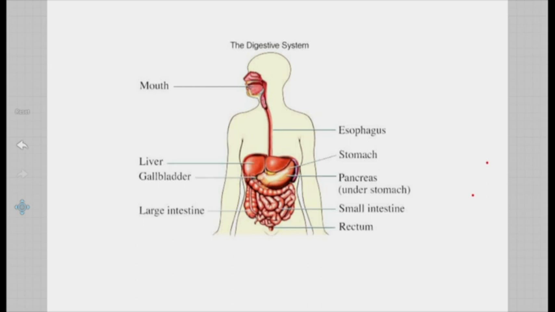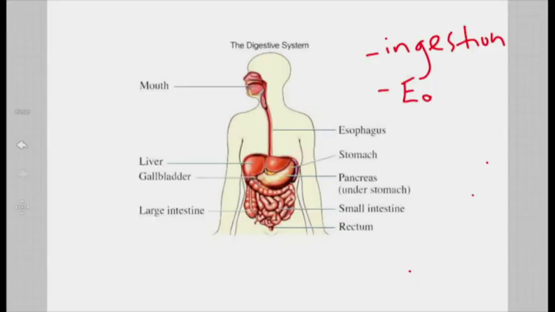Talk about the exit point and the entry point. That brings two terms which are relevant to what we're talking about. One is ingestion, and the other is egestion. Ingestion is the taking in of food through the mouth, as if the food is prepared for digestion.